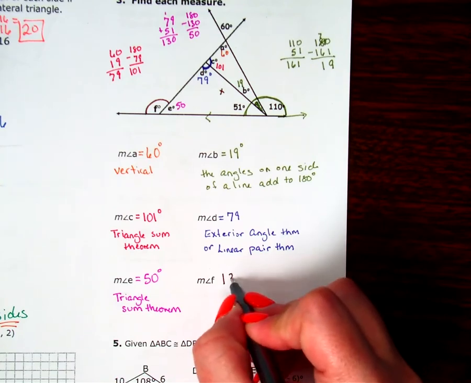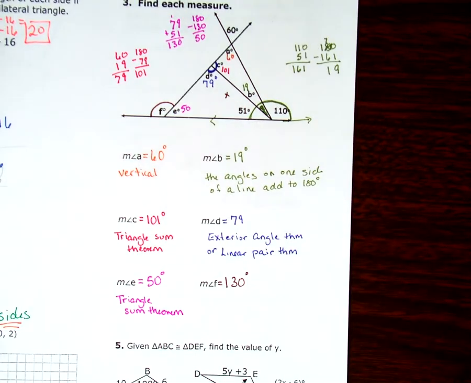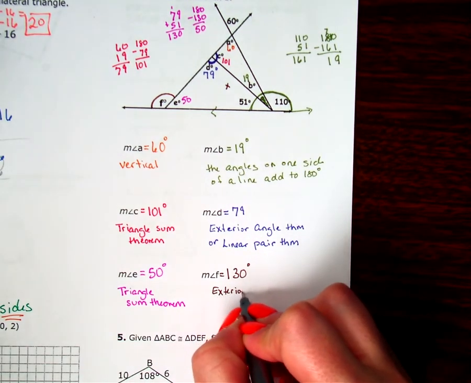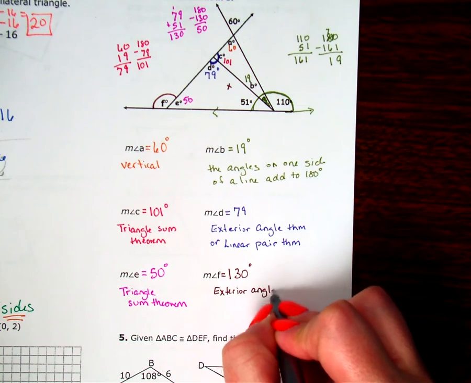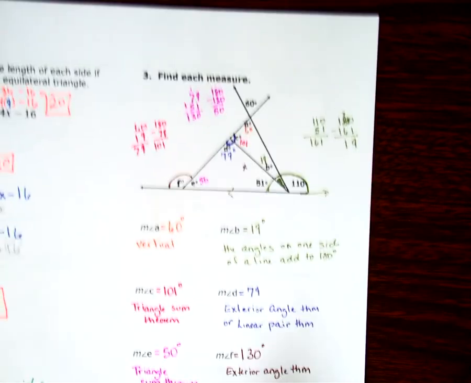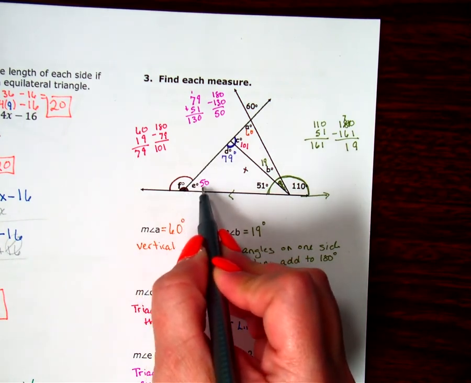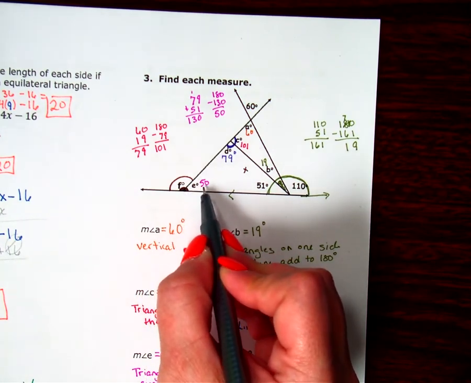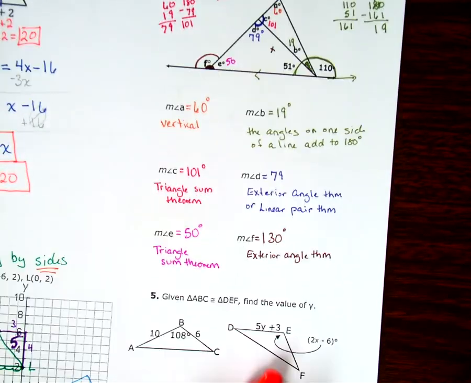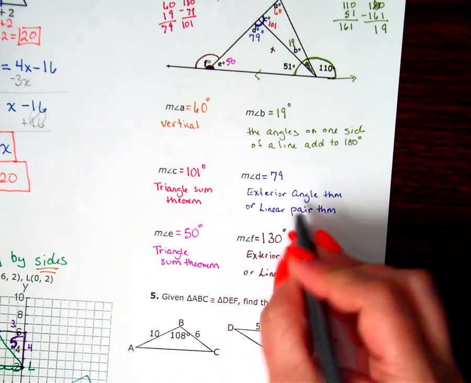So I already know it's 130 degrees without having to do any more work, using my exterior angle theorem. Again, if I forgot my exterior angle theorem, I would just have to remember that these two together are a linear pair. So if I've used 50 degrees here, when I take that away from 180, it leaves me with 130 degrees. So I could also use my linear pair theorem, just like on letter D.